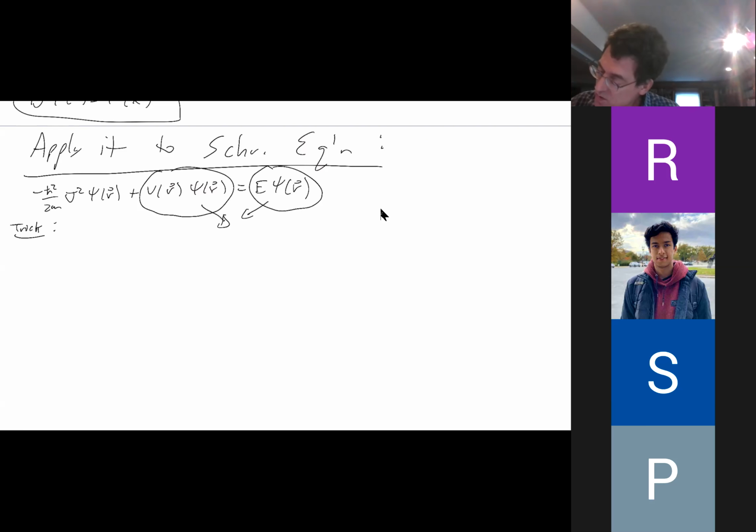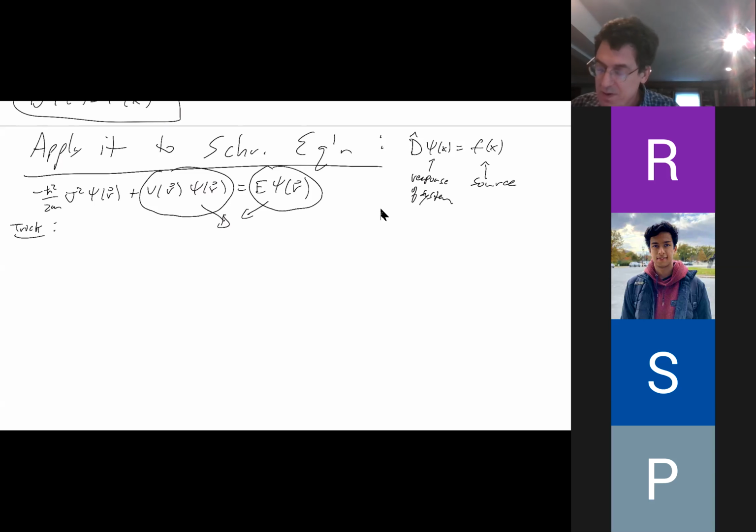And so remember, with the Green's function trick, we think of the differential operator acting on a solution which is being driven by a source. You think of that as the response of the system to the source. And so in scattering, we want the source to be the potential.